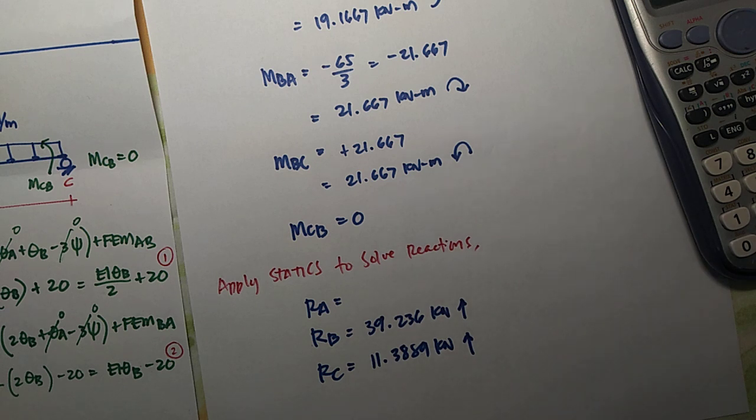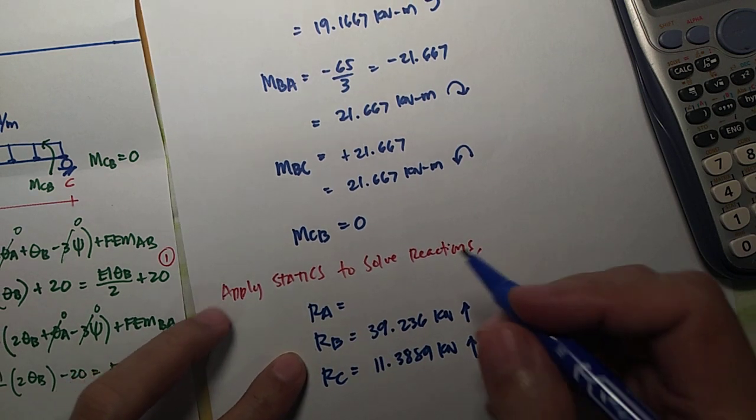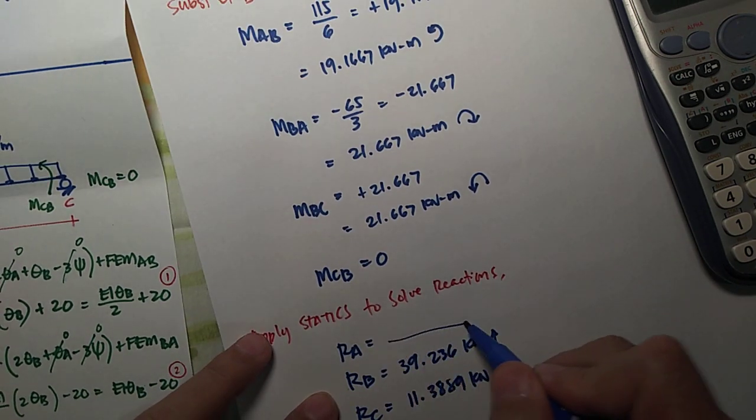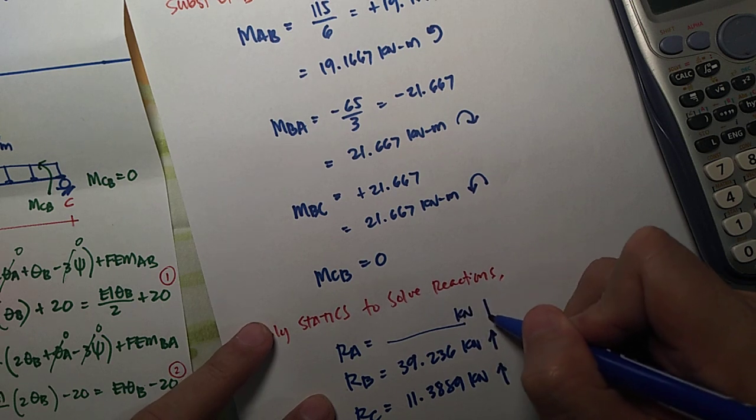And reaction at A, okay, so I wasn't able to solve this. So by statics, you could, I will make this for you to solve na lang. That's also kilonewton, which is upward.